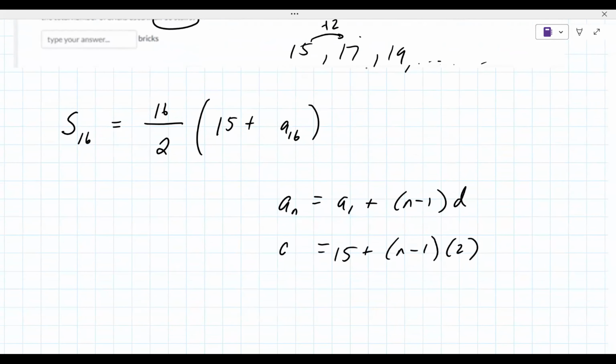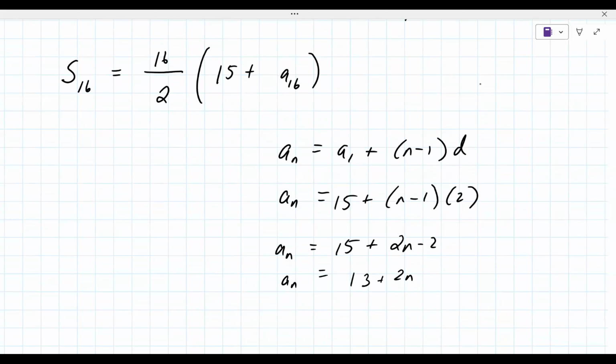AN is just generalized right now, and this ends up being 13 plus 2n. So now to find the 16th term in the sequence, we're setting n equal to 16. So A16 equals 13 plus 2 times 16, 13 plus 32, which is 45.